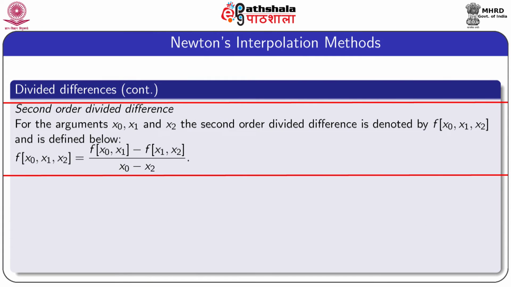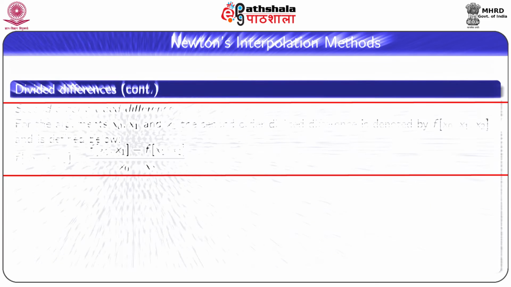For three arguments x0, x1, x2, we can define second order divided differences. f[x0, x1, x2] equal to (f[x0, x1] minus f[x1, x2]) divided by (x0 minus x2). That means, this is the first order divided difference for the arguments x0 and x1 minus the divided difference for the arguments x1 and x2, whole divided by x0 minus x2.